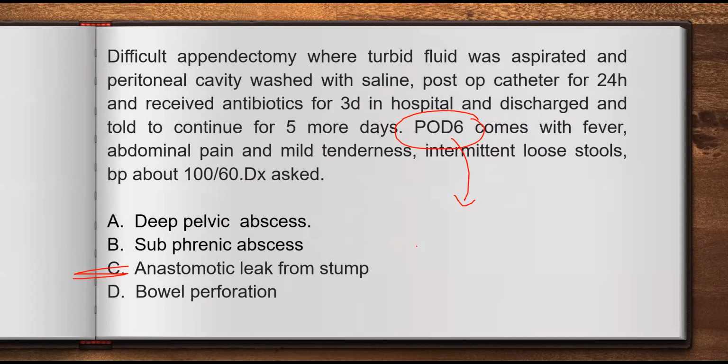If you know about post-operative fever, there is an important mnemonic. Always remember, if someone has fever on post-operative day 1, it's most likely atelectasis, or in layman's terms, just a lung collapse after surgery.